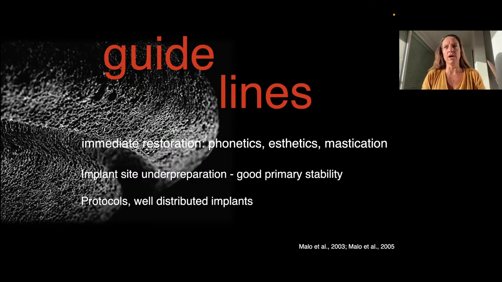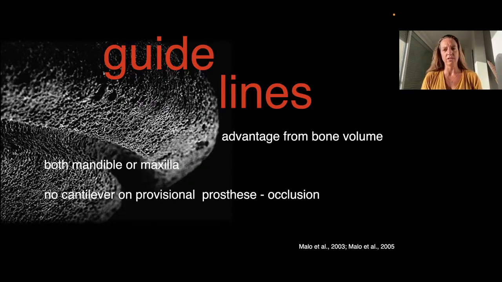When you talk about bridges, partial cases, or even cases of total edentulous, you have to have protocols, and very well distributed implants. So take advantage of the bone volume that you have, both in the maxilla and in the mandible. And when you provide your patient with a fixed bridge, please avoid cantilever in the provisional prosthesis. No cantilever on the provisional prosthesis because of the occlusion.